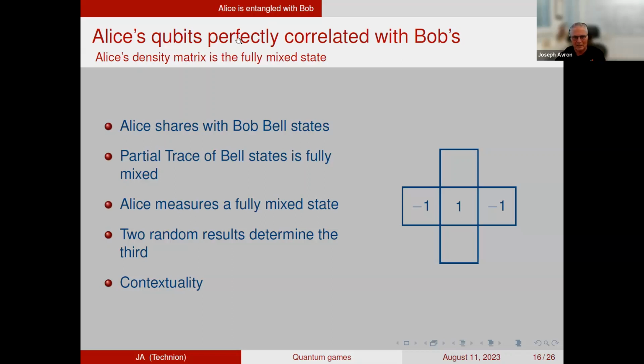Because in a Bell pair, Alice's qubits are perfectly correlated with Bob's qubits. I think this was one of the remarks of some of the questions that was raised before. So Alice shares with Bob Bell states, and this will guarantee that there will be perfect synchrony between the measurements of Alice and Bob.